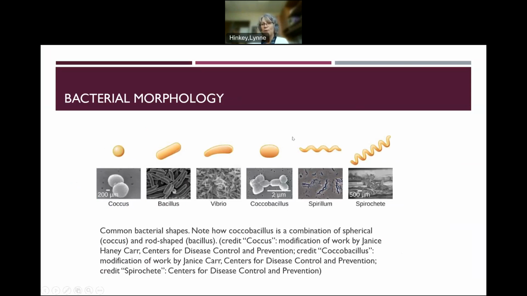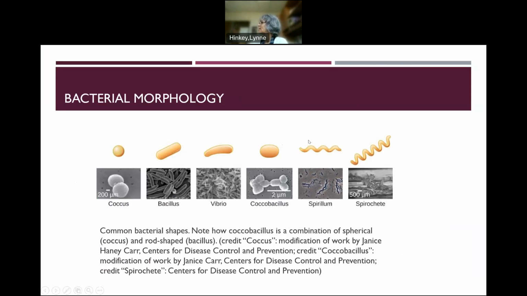We can have cocobacillus, cocobacilli, which are not quite as oblong, sort of this cross spherical, but a little bit more oblong, slight modification. Kind of a combination of our Coccus and Bacillus bacteria, so cocobacilli.